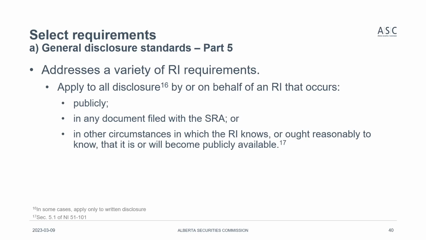There is a caveat here that there are some situations where the requirements are specified as applying to just written disclosure, not verbal disclosure. So I would encourage you to follow up on those footnotes and learn a little bit more if you'd like.